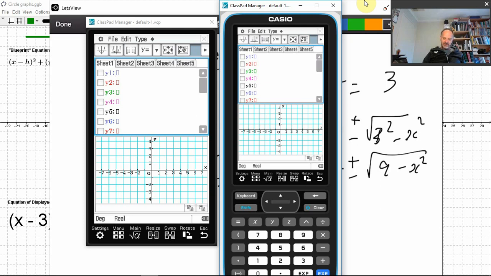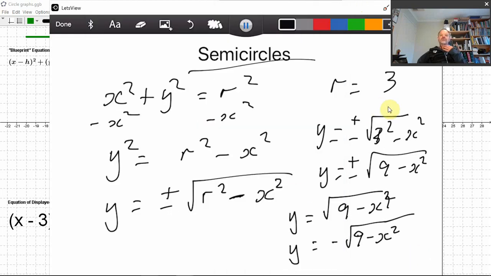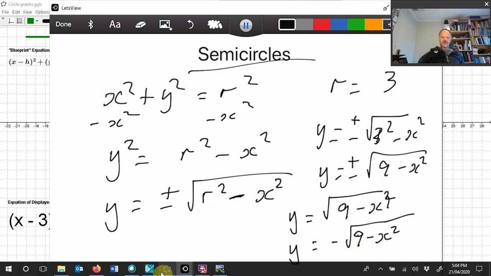So y would be plus or minus the square root of 9 minus x squared. So we've got two bits. We've got y equals the plus square root one, and we've got y equals the minus square root one. I forgot to go back to this. All right, so we put radius of 3, squared is 9, split it up into the plus and the minus part.